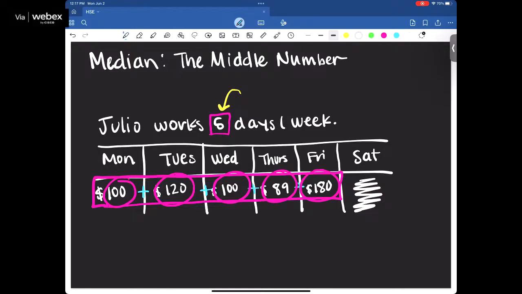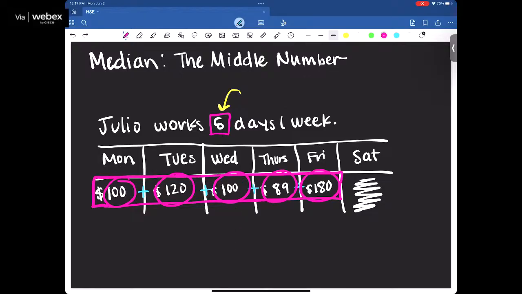Looking at this same data set where Julio has worked 5 days a week, we need to figure out what is the middle number. And we just can't come to Wednesday and say, here's our middle number, because that is not how we find the median number.